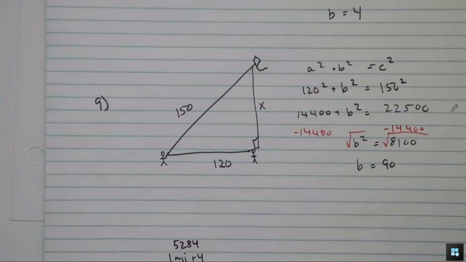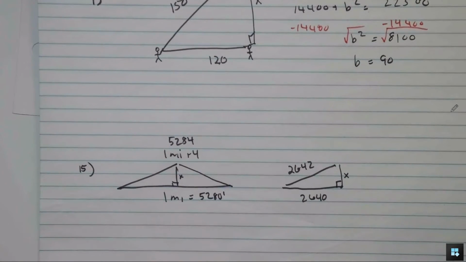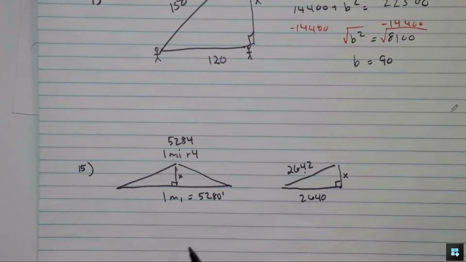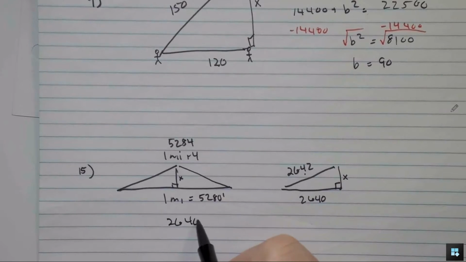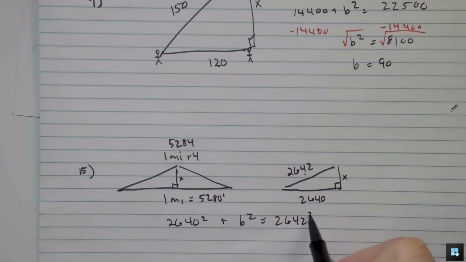And half of 5,284, that's 2,642. So we'll use the Pythagorean theorem again, and this time the hypotenuse is 2,642, so that has to be the c squared. So 2640 squared plus the b squared is 2642 squared.